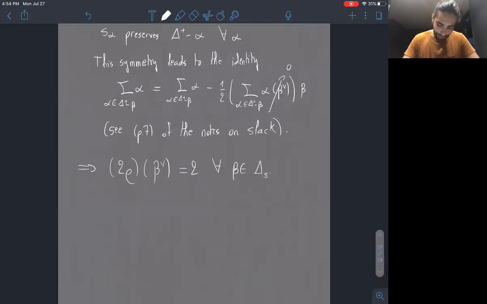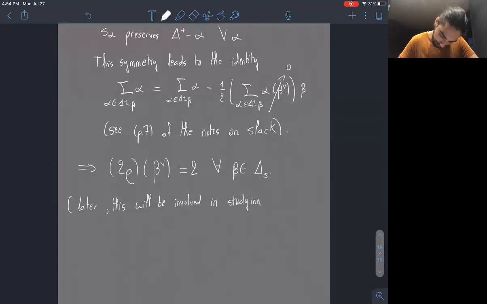And the reason I focused on this regular weight in particular so much is that later this will be involved in studying the Bruhat type decomposition of the affine Grassmannian.